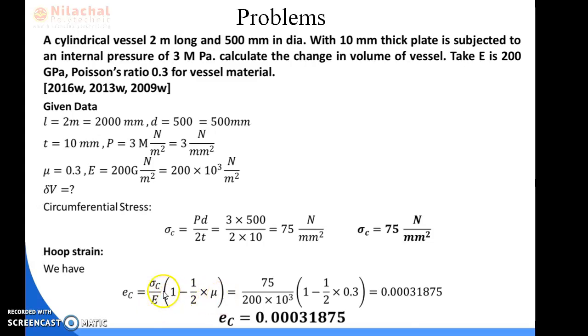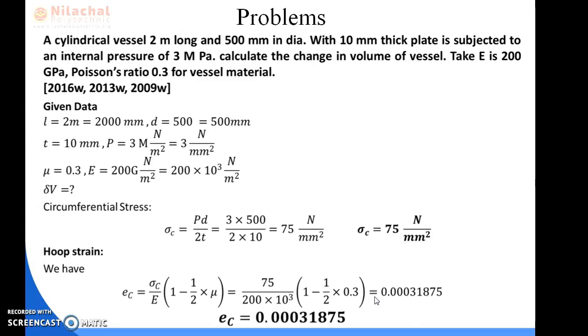Putting these values, sigma c is 75, E is equal to 200 into 10 to the power 3, whole bracket 1 minus 1 by 2 into 0.3, and calculating the value, we get 0.00031875.